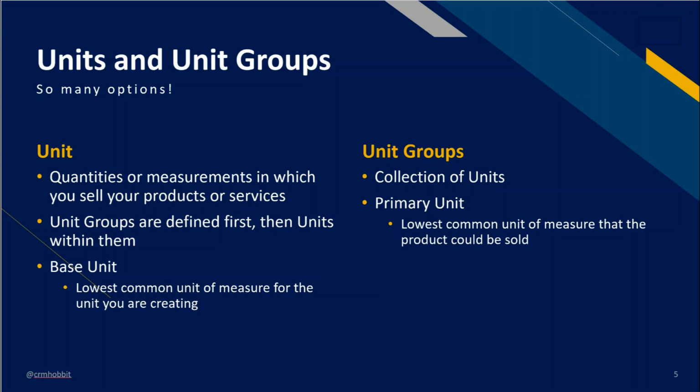If they're typically sold in a unit group, that's the collection of units that it is going to be sold in. The primary unit is the lowest common unit of measure that the product could be sold. So in our example for our Funko Pops, the primary unit is a piece.